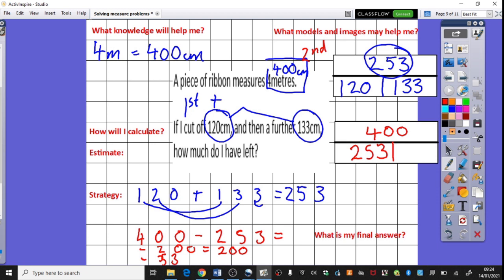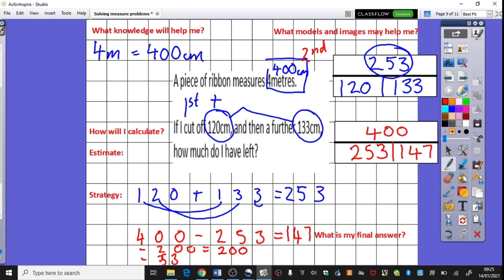So I'm looking at my answer being 147. And again, you can do this in your head, or you might decide you're going to use a mental calculation. Either is absolutely fine.